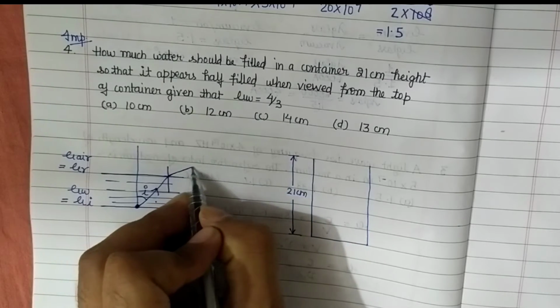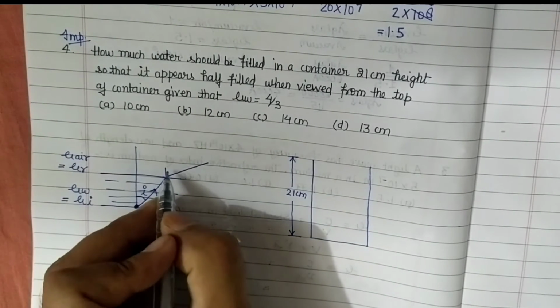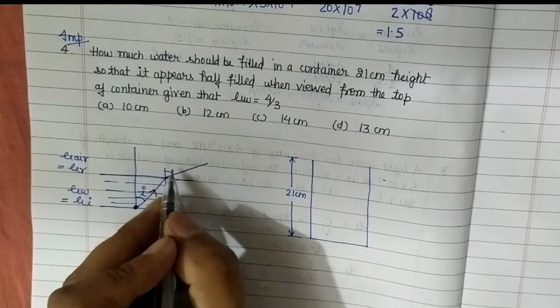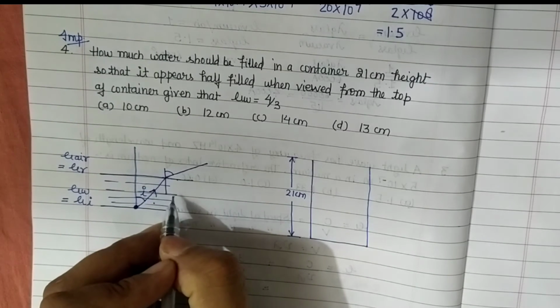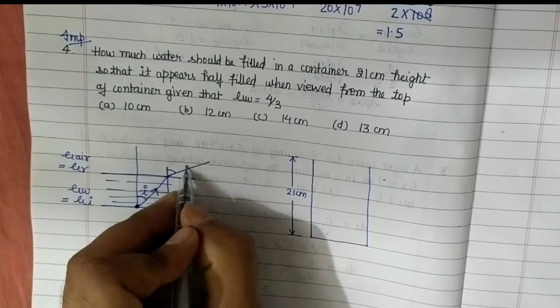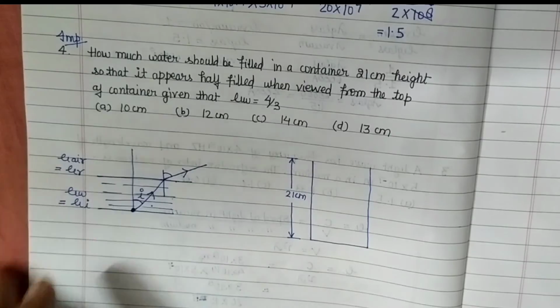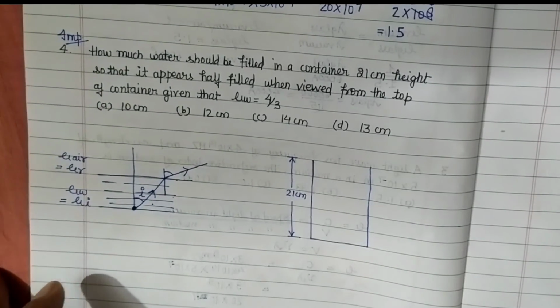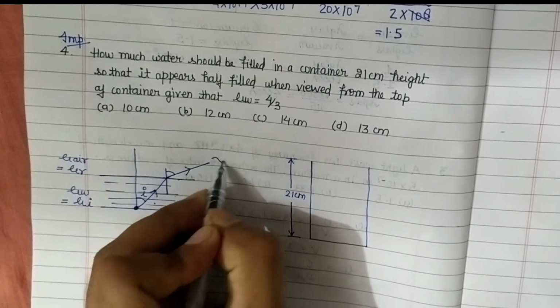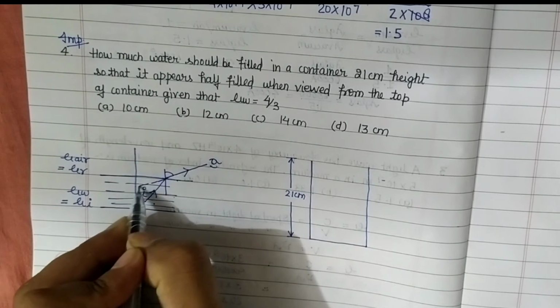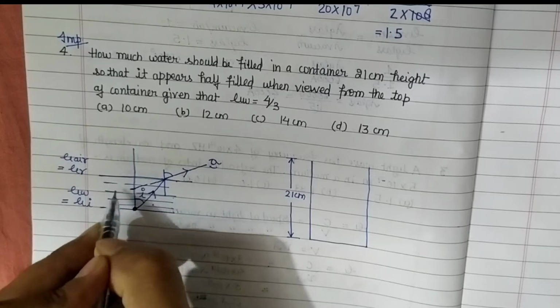So this will go away from the normal because it is going from water to air. Air is the rarer medium, water is the denser medium. So going from denser to rarer, it will bend away from the normal. If an observer is placed here, he will see this object here.